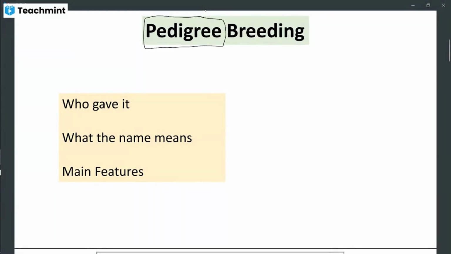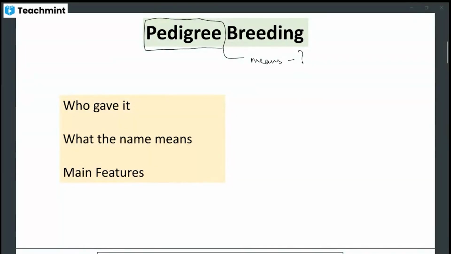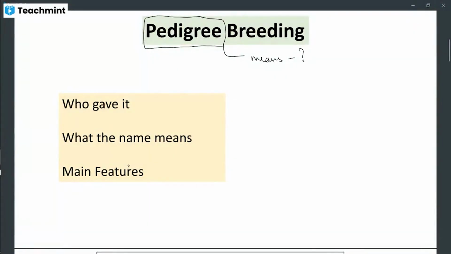Can anyone say what the name pedigree means? How can you define the term pedigree? Pedigree is nothing but to maintain ancestral records.